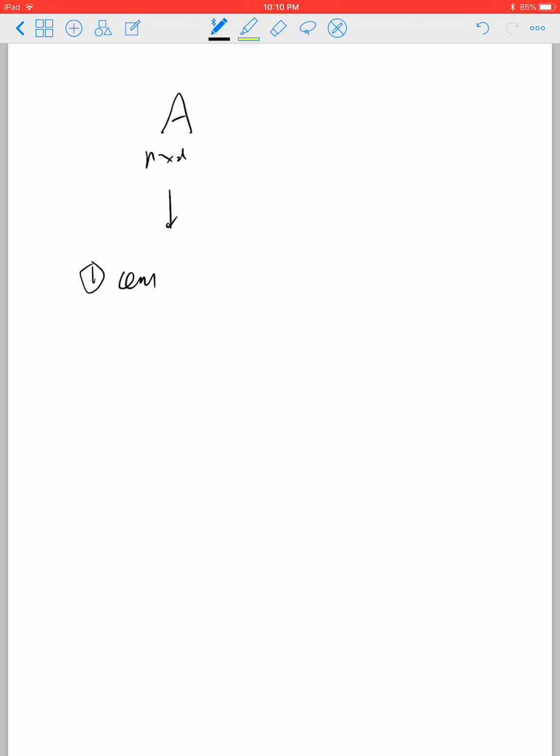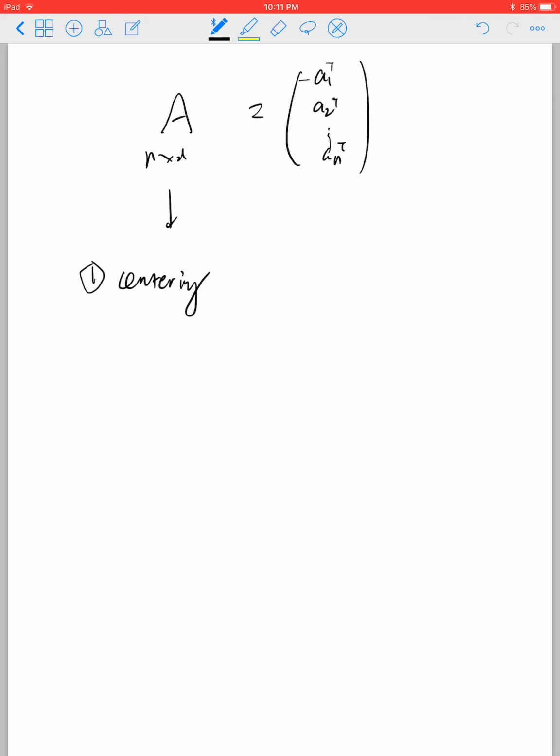So you get A bar to be A1 transpose minus T transpose, A2 transpose minus T transpose, until AN transpose minus T transpose. This is called the centered data matrix A bar. And second, the remaining things are the same.